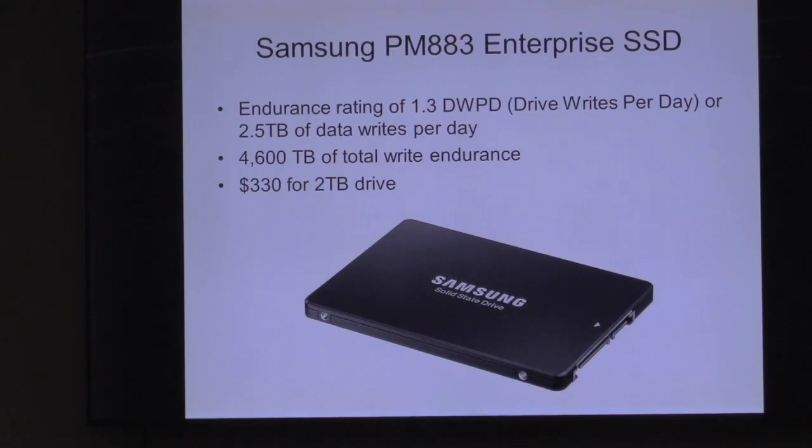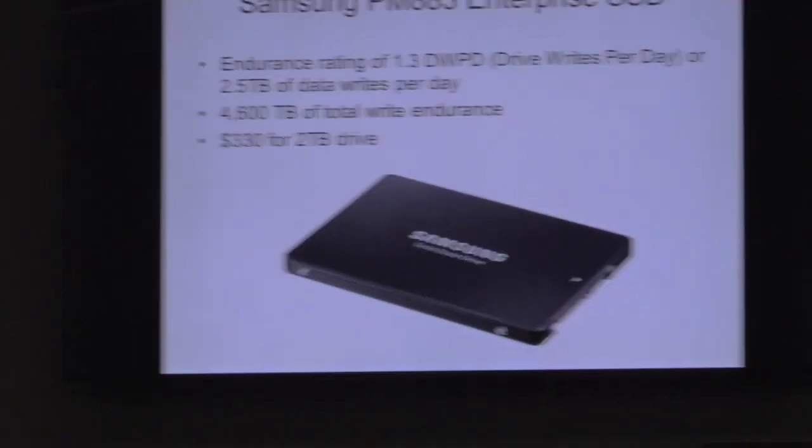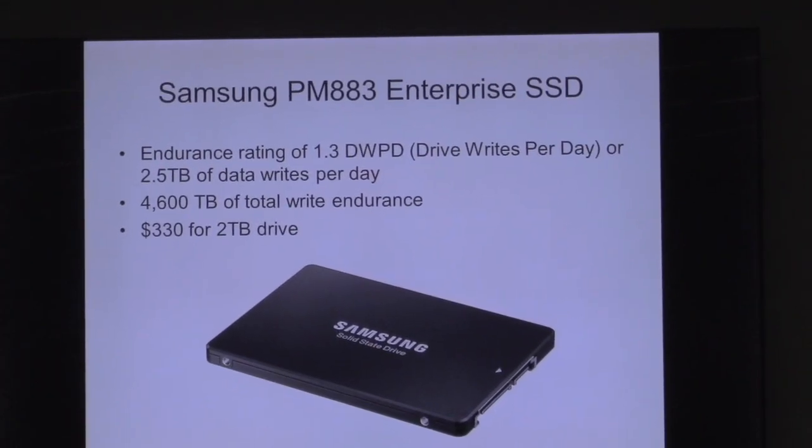In this case, this is the same size drive, and you can write 1 1/3 drives per day. In other words, more data than they can even hold, every day for 5 years. And the total write endurance, the TBW, like we saw before, instead of 760, is 4,600 terabytes.